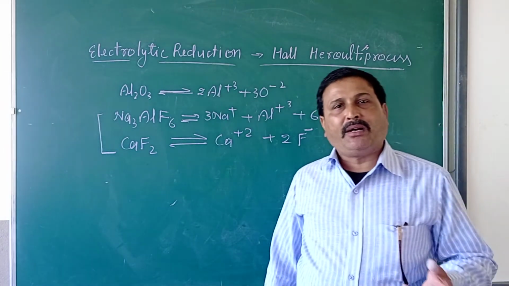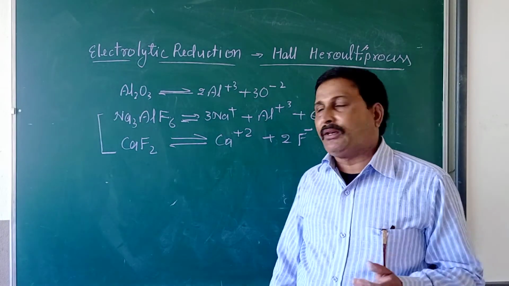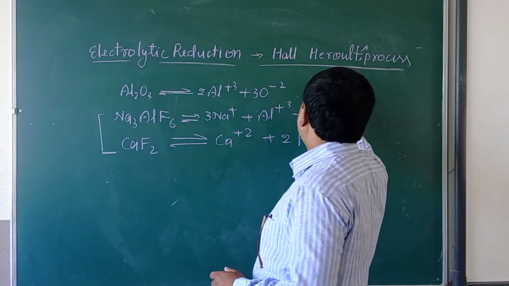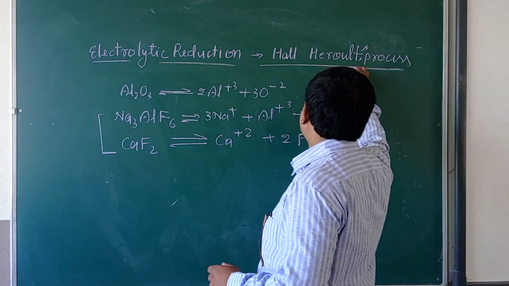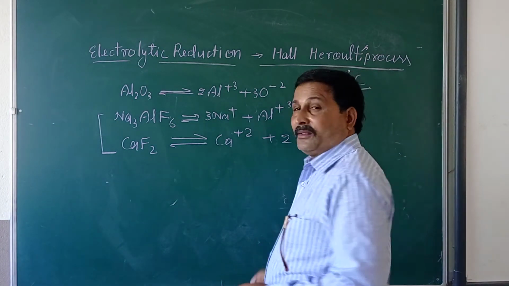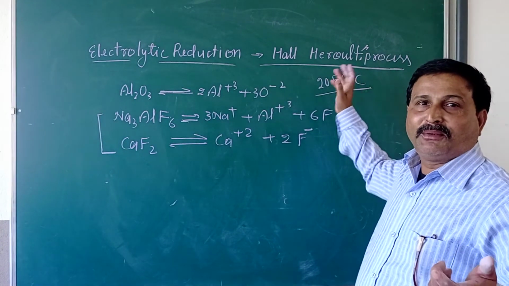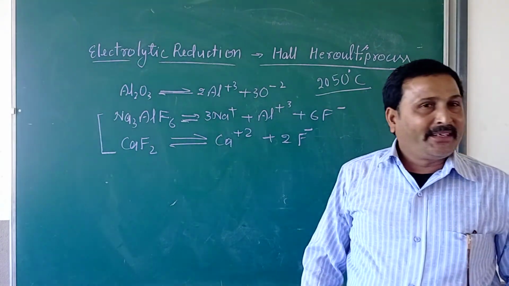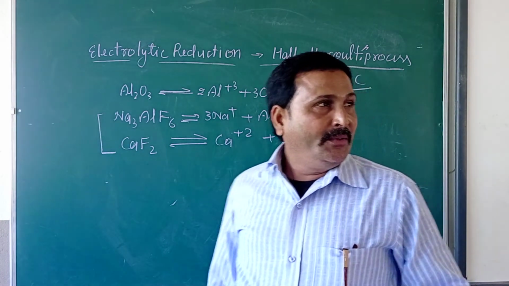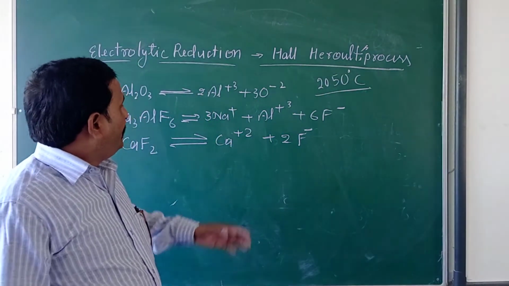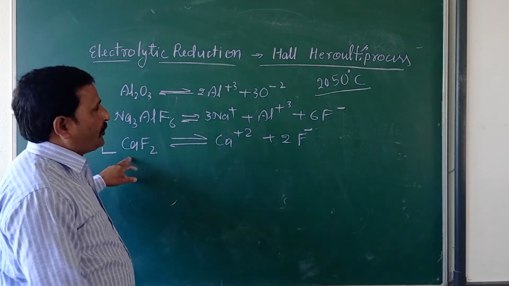Because the melting point of alumina is 2050 degrees Celsius, and if you want to maintain that temperature, your input will be more than output. So we use cryolite and fluorospar.